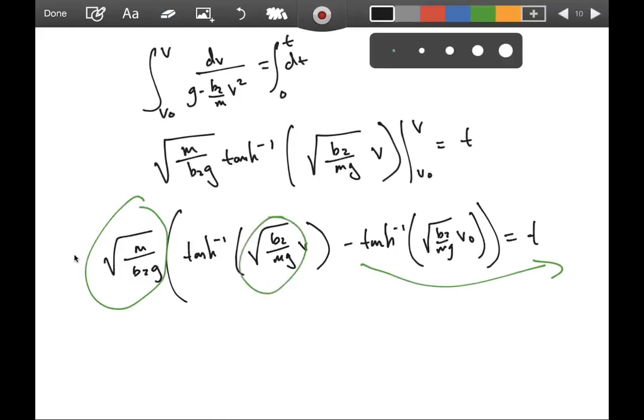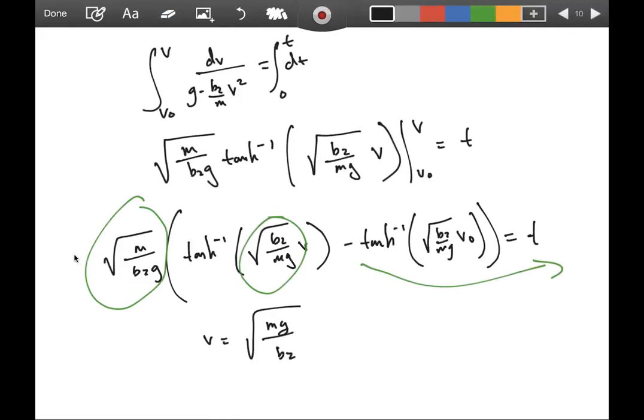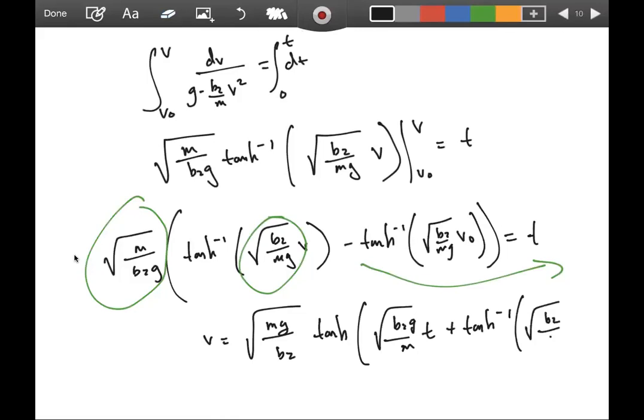But if I do all that, what I finally get is that my velocity is the square root of mg divided by b2, where notice this is my terminal velocity up front, times the hyperbolic tangent of the square root of b2g divided by m times t, oops, sorry, plus the inverse hyperbolic tangent of the square root of b2 over mg times v0. So this is my velocity as a function of time.